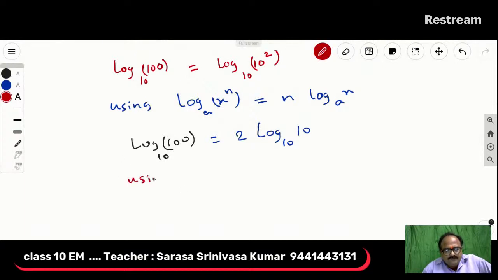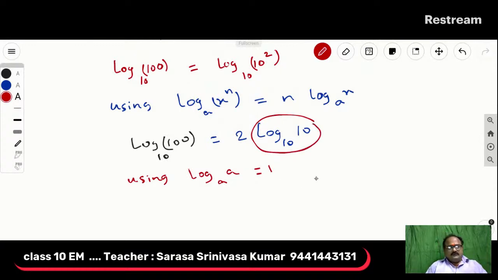Using log a base a equal to 1, we can write log 10 base 10 equal to 1. So we get on the right hand side 2 multiplied by 1. On the left hand side, log 100 to the base 10, so it is equal to 2.